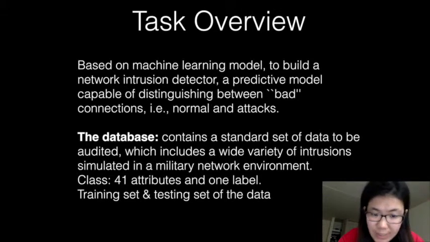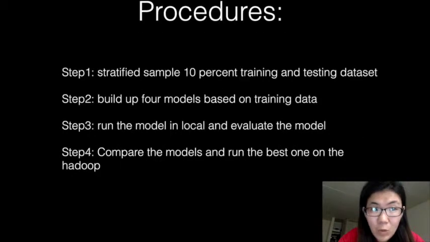All the attributes are divided into 41 attributes and one label, and the training set and testing set each have around 49,000 records. The procedure has four steps.